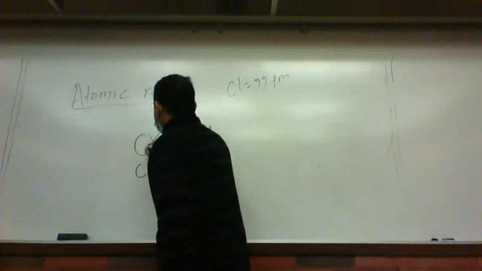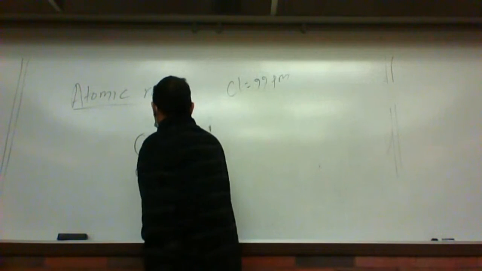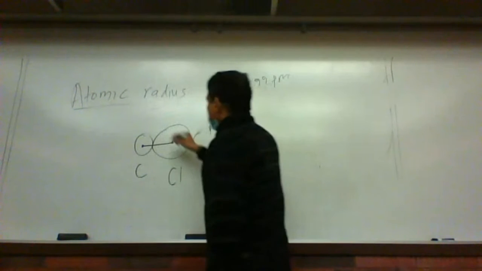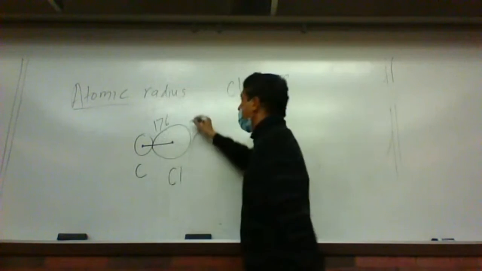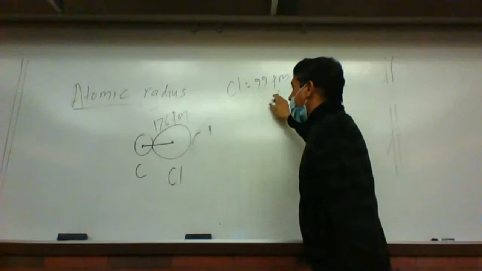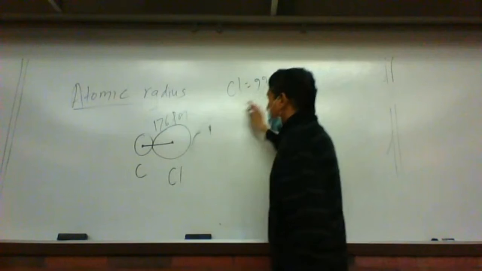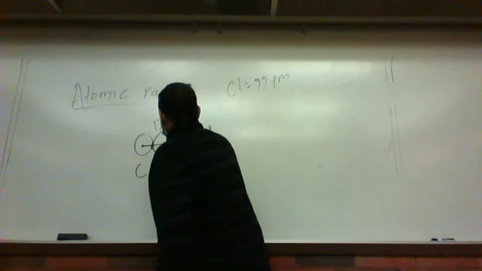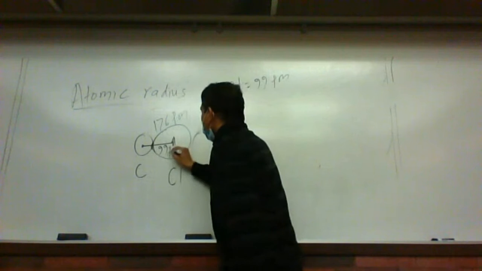Now they measure the distance between this and this. That distance is 176 picometers. But previously, according to the homonuclear molecule, they already found for chlorine it was 99 picometers.